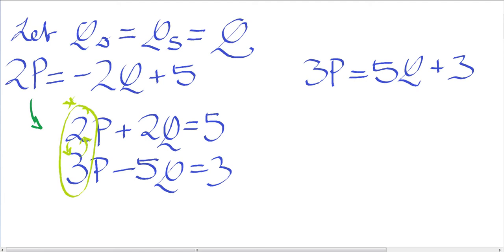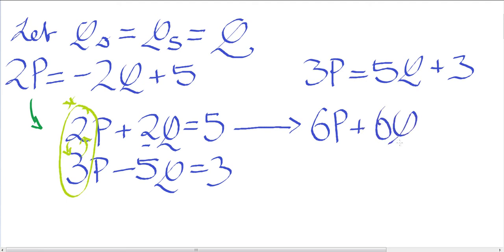So let's do that. Take the bottom number and multiply it across the top equation. So I'll have 3 by 2 is 6p plus 3 by 2 is 6 again, 6q, and 3 by 5 will be 15. I should draw an arrow over there and say what you're doing: I'm multiplying that top equation by 3.